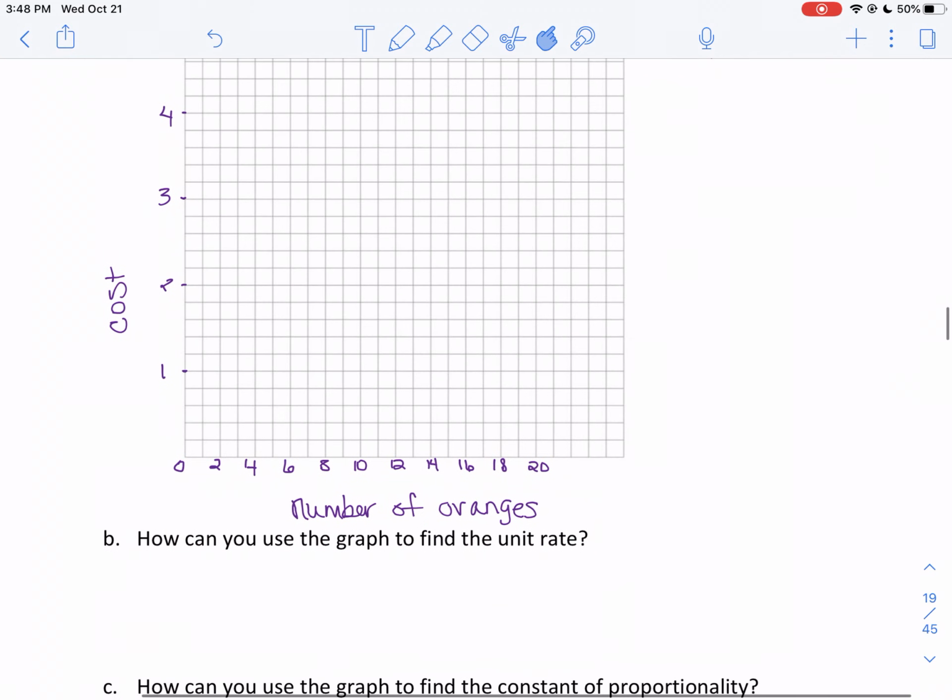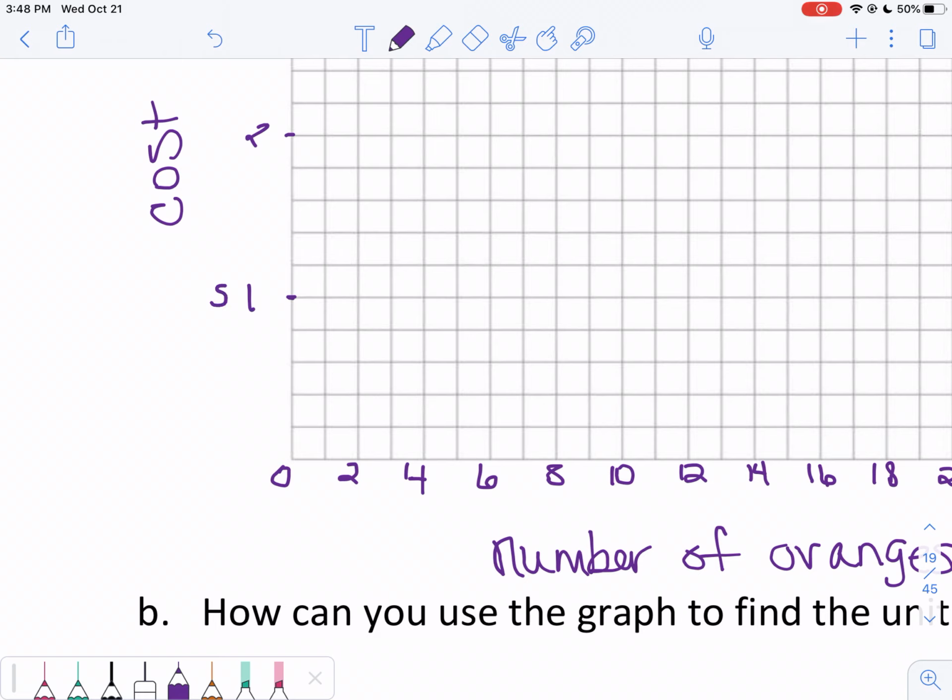So we know that 5 oranges cost $1, right? So each of these are $1. So 5 oranges cost $1.